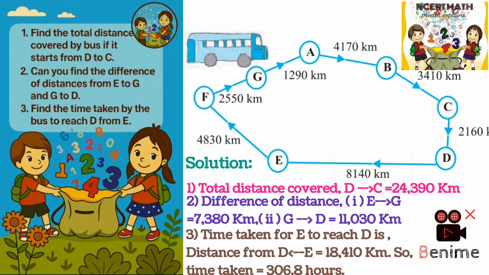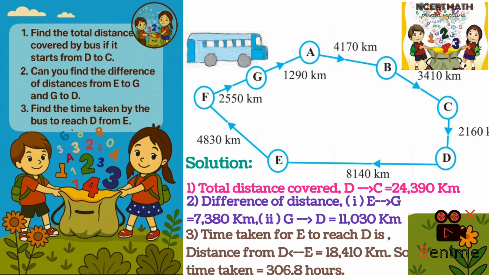The next final question is we have to find the distance traveled from E to D. For this we can perform two methods. In the first method, we subtract the distance covered from D to E from the distance covered from A to A, which means the result will be 18,410 kilometers.